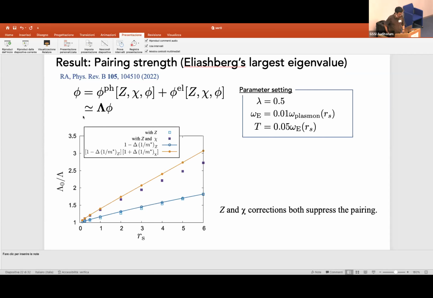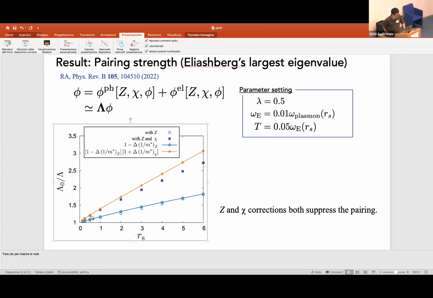Here I plot again the r_s dependence of the largest eigenvalue ratio, the ratio between the value without Z and chi and with Z and chi, in inverse manner. So values larger than unity mean suppression of the pairing strength.